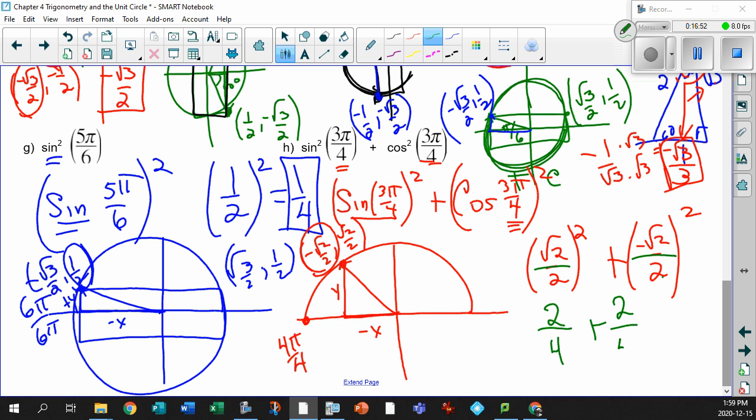The square of that is going to be 4. Add them together. 2 and 2 is 4, all over 4. Wait a second. What? It equals 1? Yeah, no kidding. Why? a squared plus b squared equals c squared. And you know, and I know, your c is the radius of a unit circle. It's in fact 1.